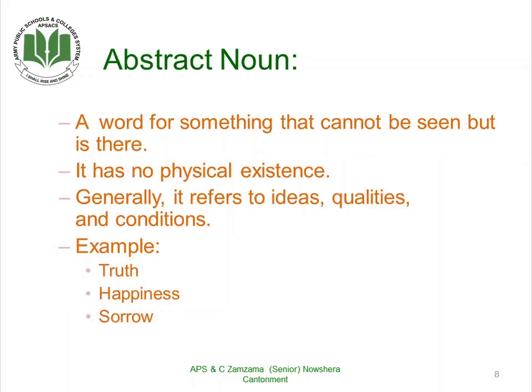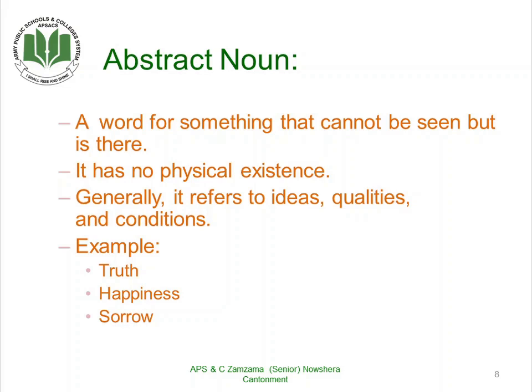Now come towards the next one, abstract noun. As the name indicates, abstract, a word for something that cannot be seen but it is there. It has no physical existence, and generally it refers to ideas, qualities, and conditions. For example, truth, happiness, sorrow. These are some kind of feelings or the qualities of some particular person.